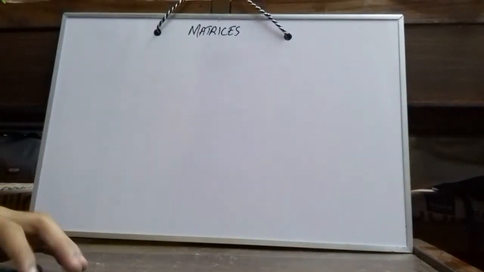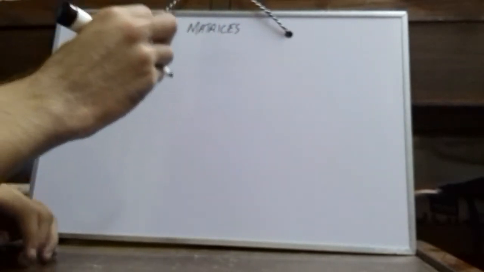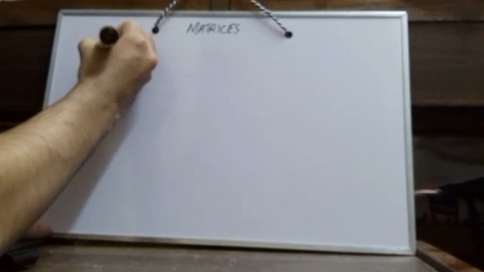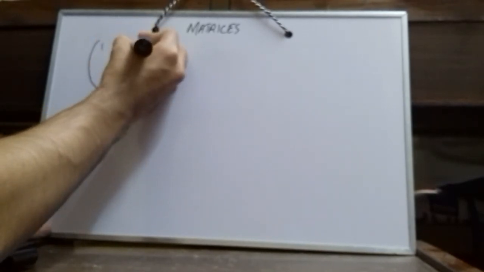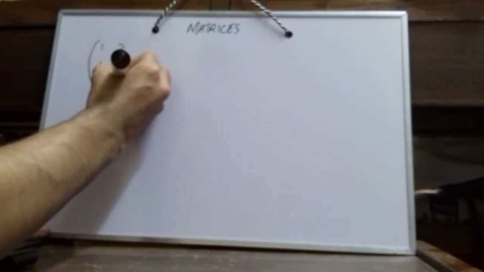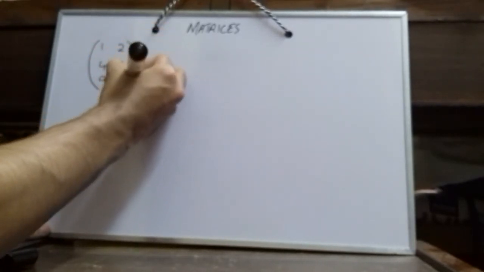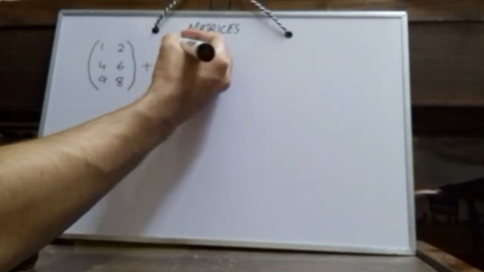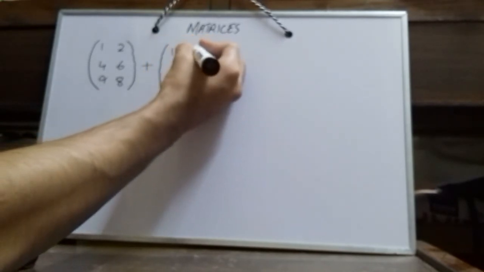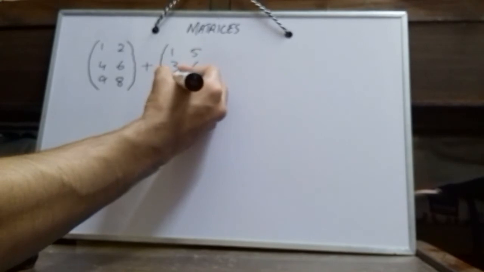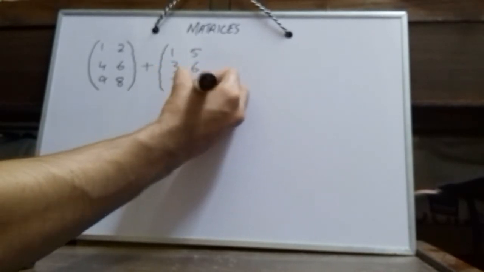Let's see when you cannot add or subtract two matrices. Let's take an example: 1 2, 4 6, 9 8, and we are going to add this to 1 5, 3 6, 7 5.